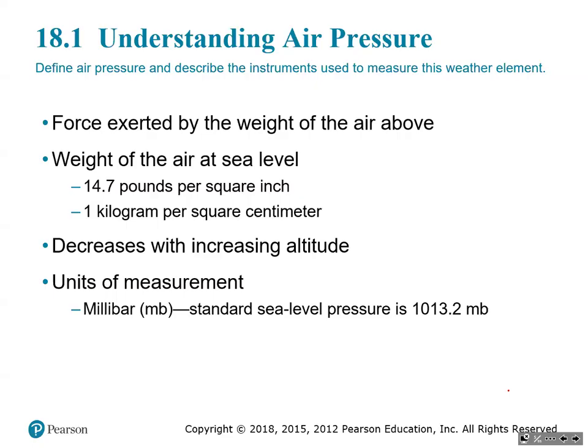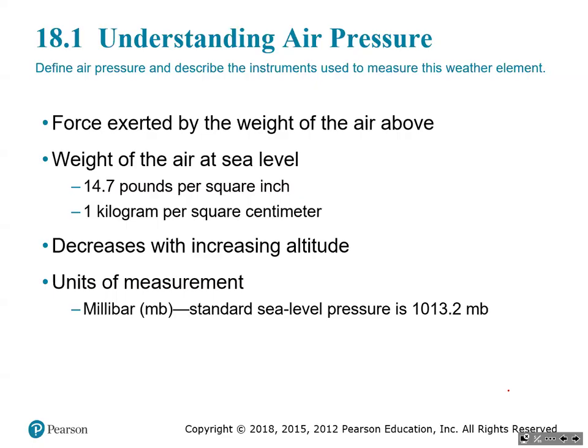It varies from 900 something millibars up to maybe 1,100. So the scale of the variation in pressure is in the millibar range, up to 100 something. That's just why millibars are commonly used for weather.